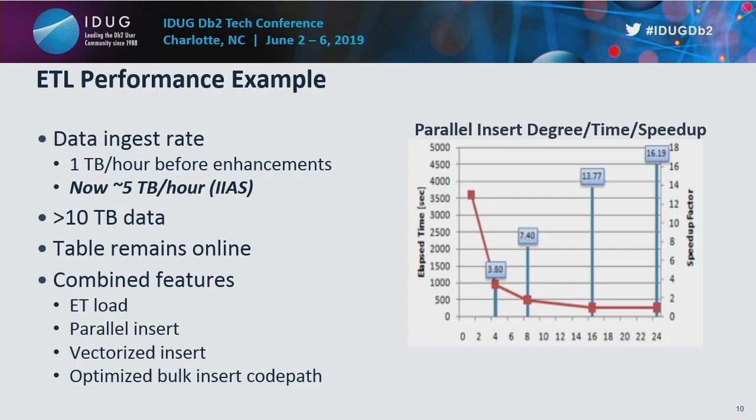These are the type of values that we're talking about in terms of performance, and this is a huge difference from before 11.5. With this performance, SQL insert can outperform our load utility, which used to be our best practice, by anywhere from 2 to 4 times or even more. So this is now our strategic direction, and there's huge value here for customers.